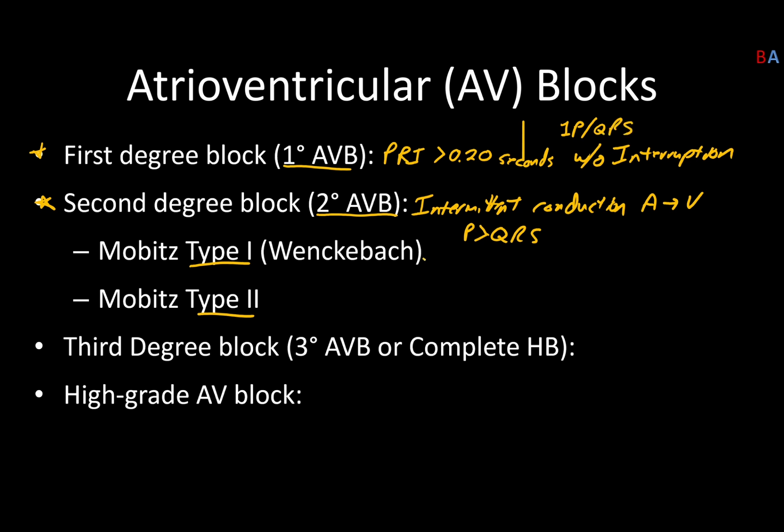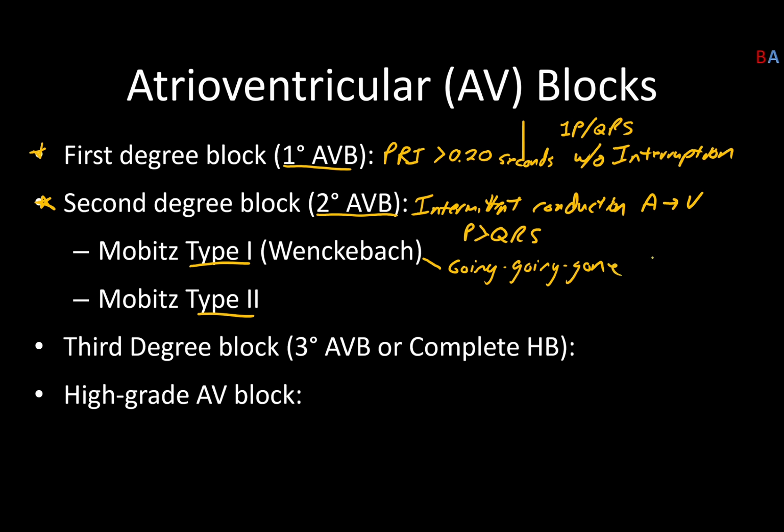The simplest way I like to help people remember these is for Wenckebach, or type 1. Wenckebach's a fun word, and it's usually the first thing you remember. So type 1 is Wenckebach, and it has a fun little phrase, which is going, going, gone.